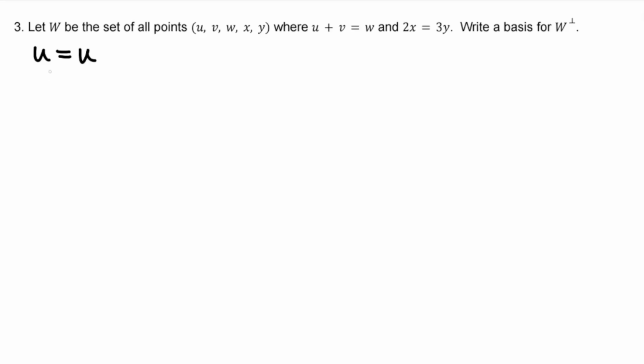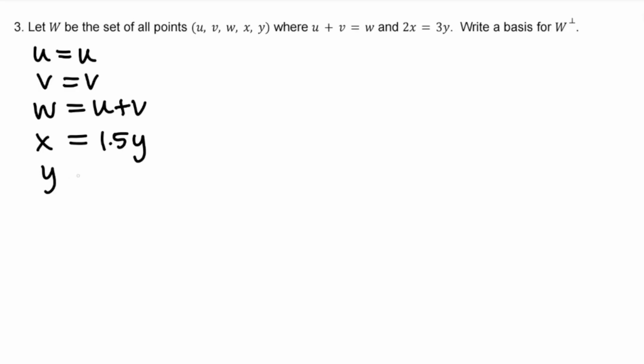W is U plus V, X is 1.5 Y, and Y is 1. Right, then I'm going to write a basis for this.